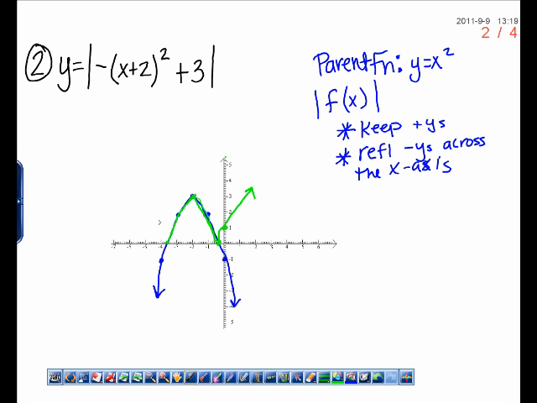This part is going to go up to here, and this whole piece is getting flipped up.